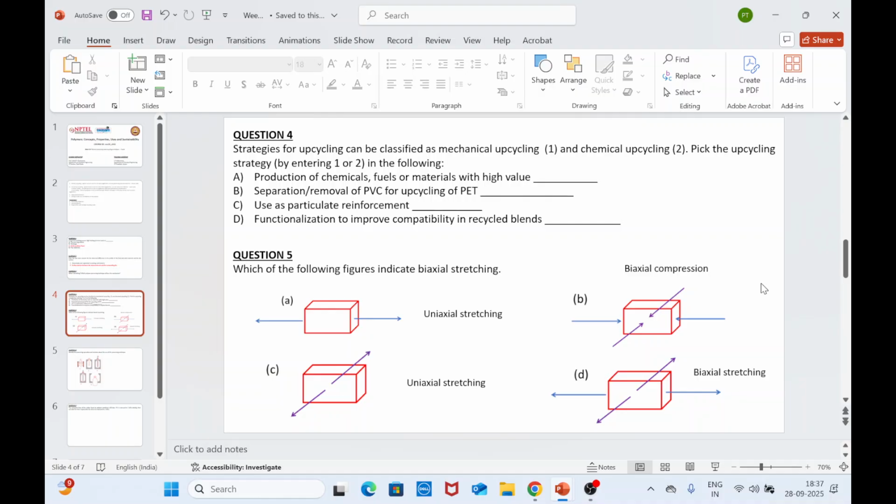One is called mechanical upcycling and another is called chemical upcycling. Now we need to pick the upcycling strategy for the following cases. The first one is production of chemicals, fuels, or materials with high value. Which one will you go with, mechanical or chemical upcycling? Similarly, you have B, C, and D, but let's first focus on A.